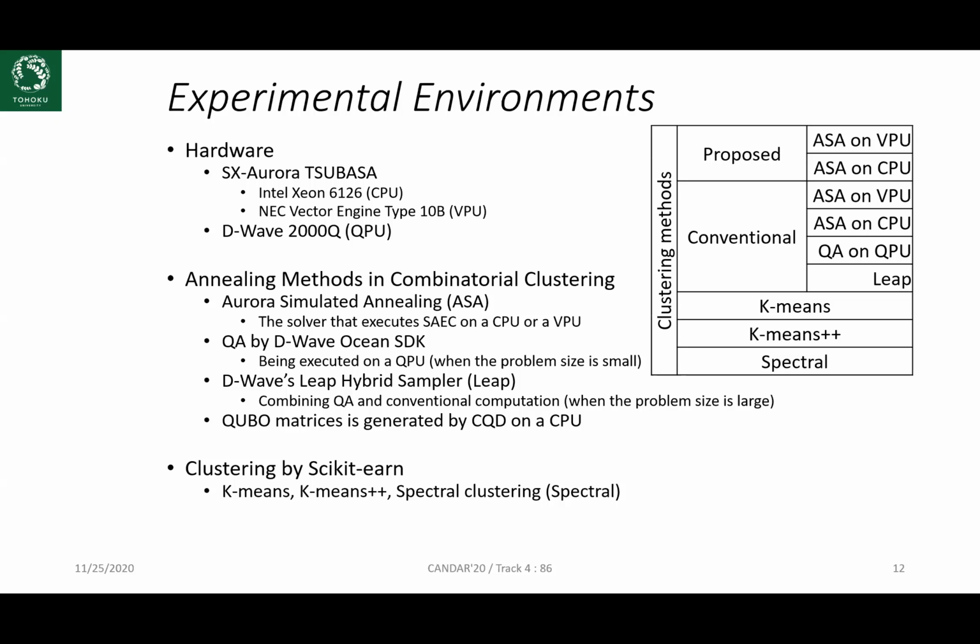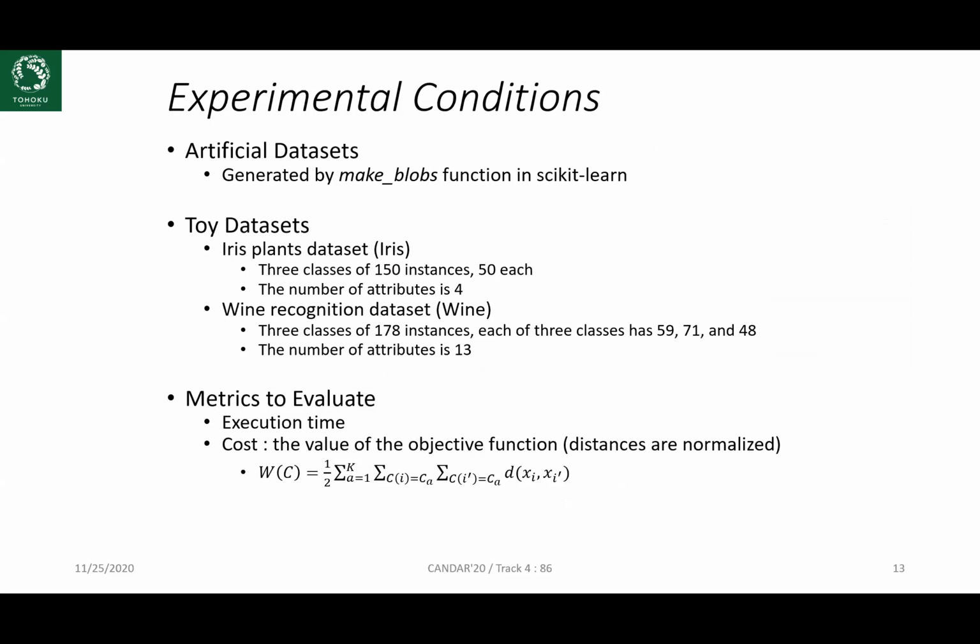The other methods are k-means, k-means++, and spectral clustering on CPU by scikit-learn. The datasets used to evaluate all these 5 methods are an artificial dataset generated by make_blobs in scikit-learn and toy datasets. The toy datasets are closer to real datasets than artificial ones.